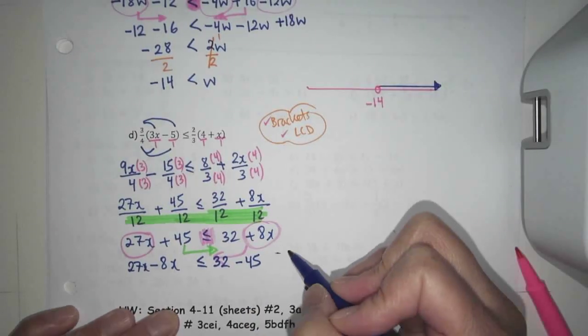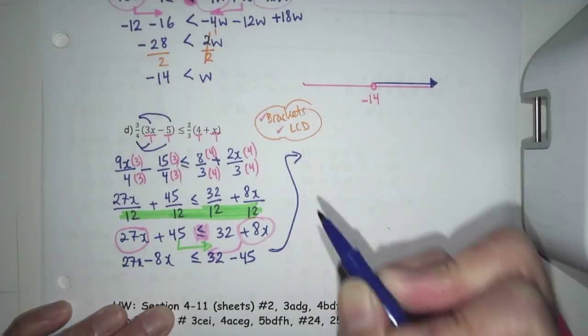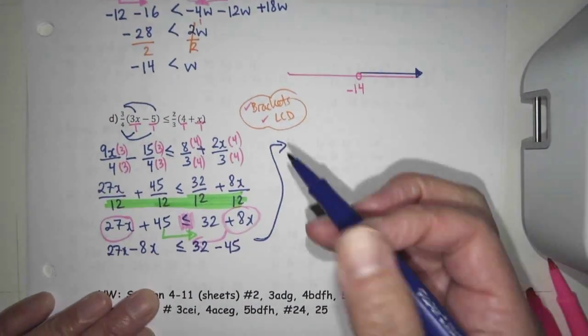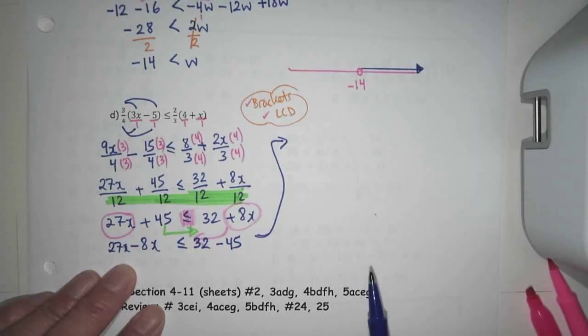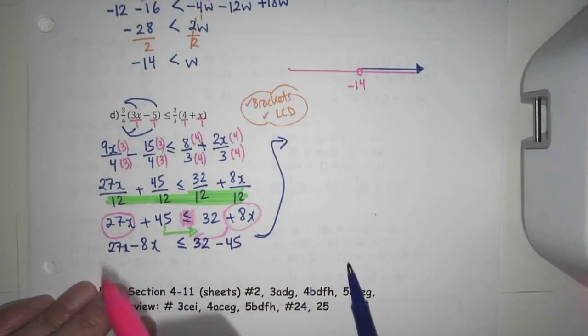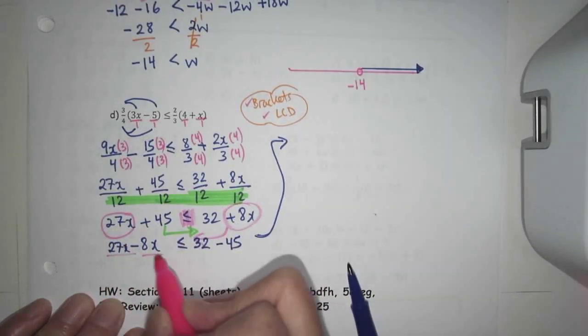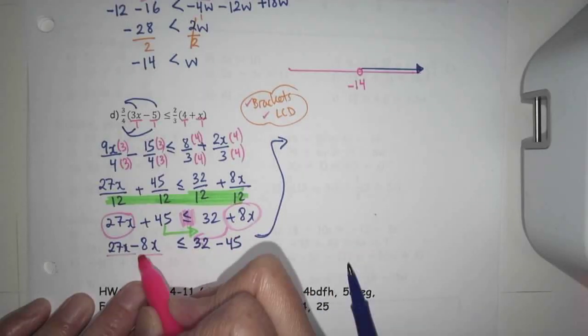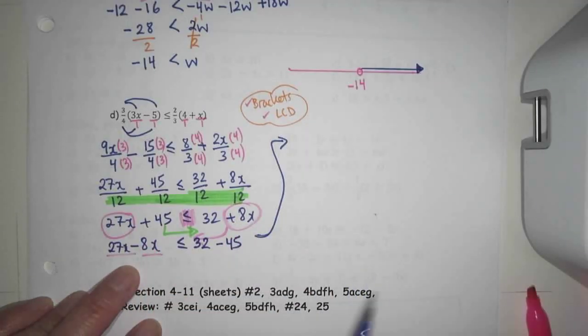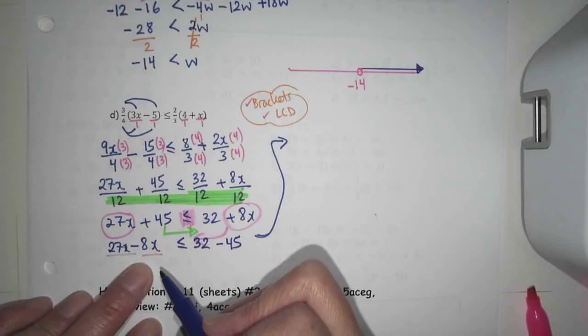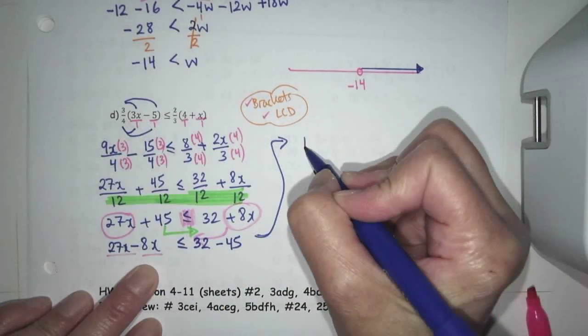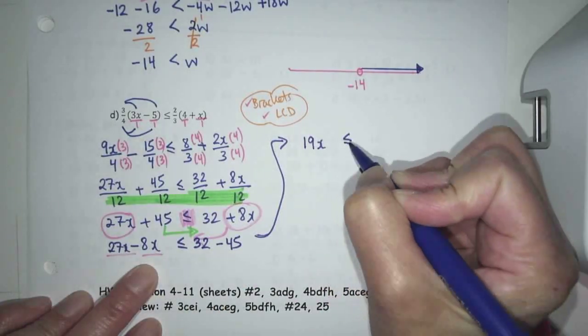Okay, if I run out of room, I please want you to do a big sweeping arrow and guide my eyes. So you're going to say over here. So then I want the x's on one side, which I already have. So 27 minus 8 is going to get me 19x, so less than or equal.